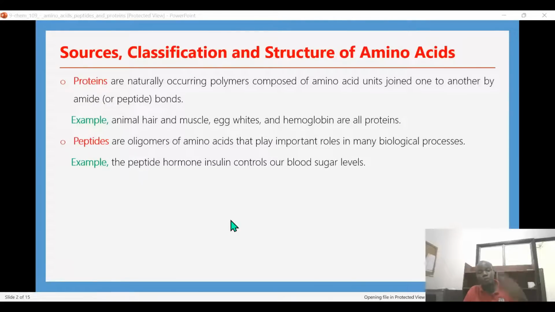Since we are doing the chemistry of amino acids, go and find out exactly how many amino acids are in insulin.